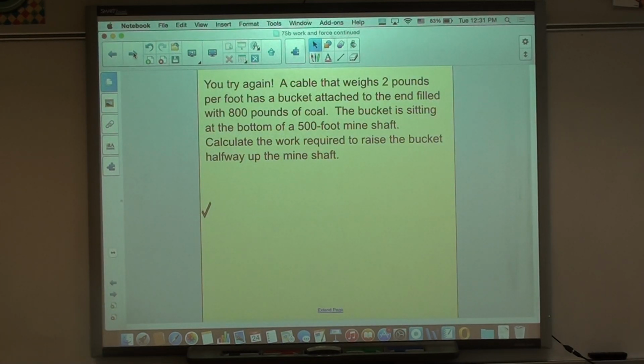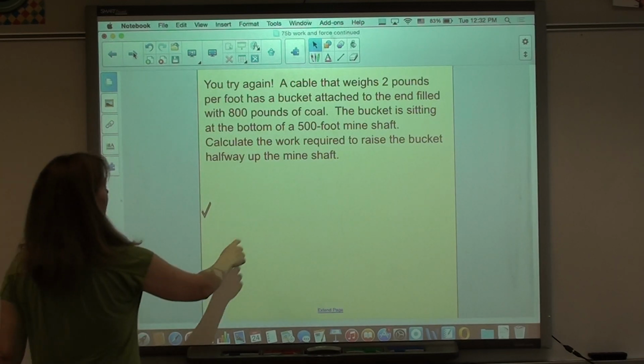It's not changing, the weight is the same. 3875, 0 to 250, of 2 times 500 minus y. The 800 is constant, and the weight you're using up.